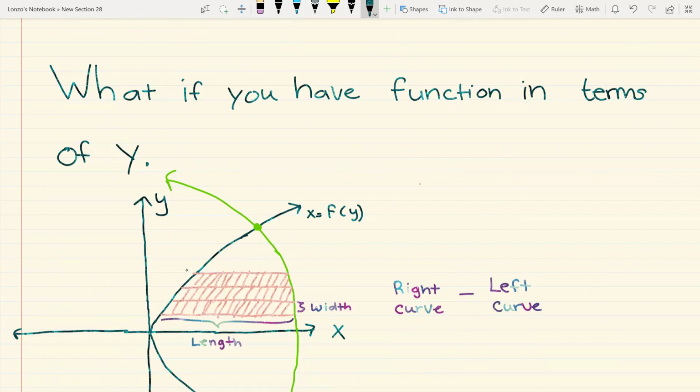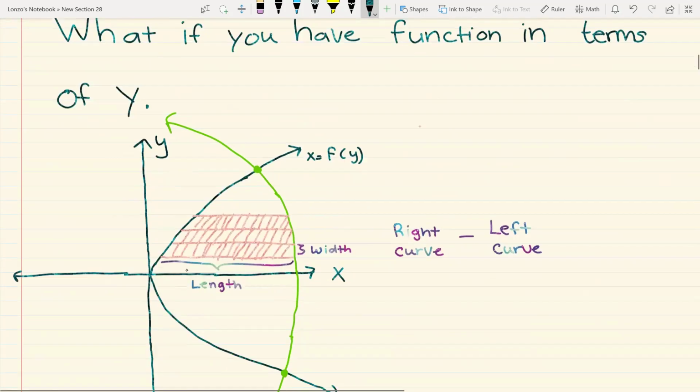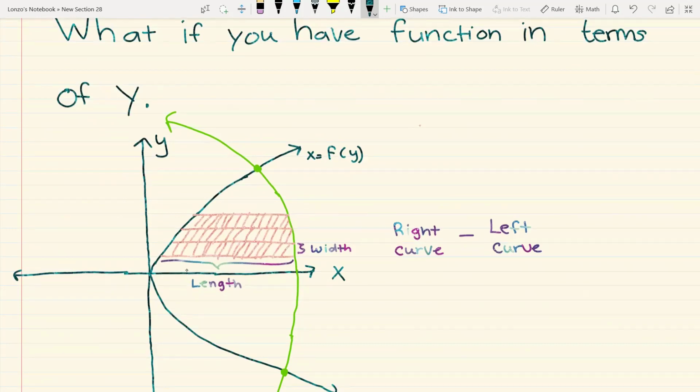What if your function is in terms of y? Now if you look at this graph, this is everything in terms of y, and you're going along the vertical axis, the y-axis. As you can see, our rectangle is horizontal. Then what you would do is take the right function, in our case I believe the green function, minus the function to the left, which is the other color.